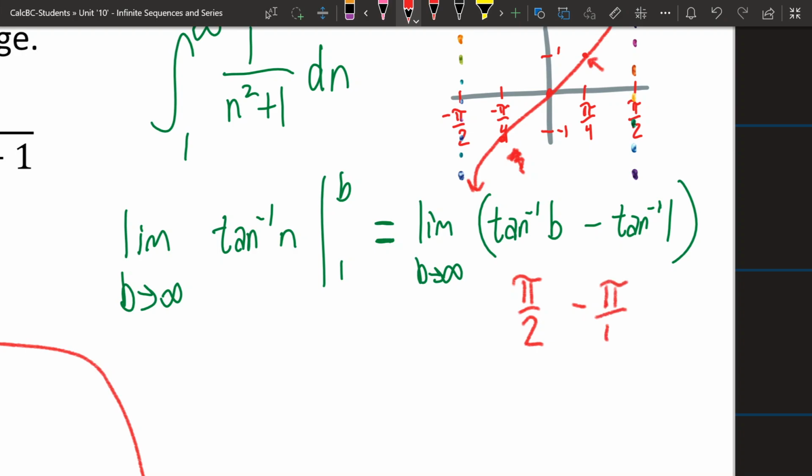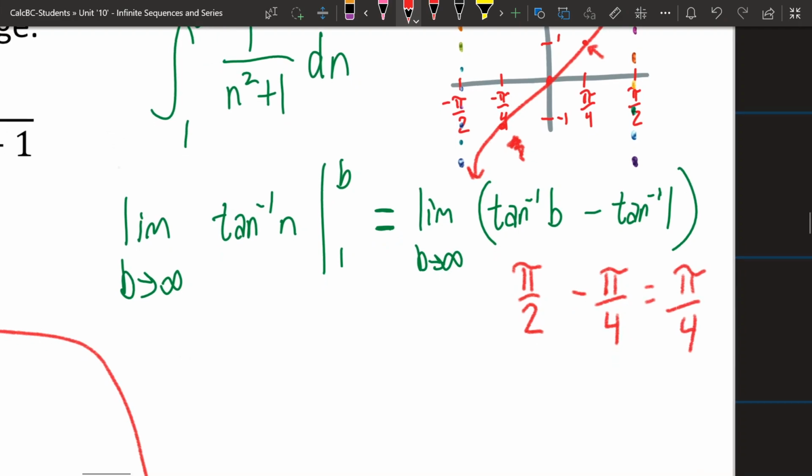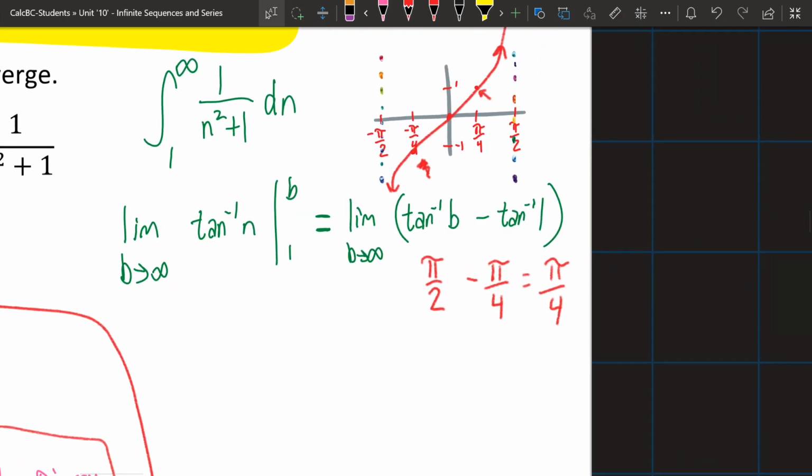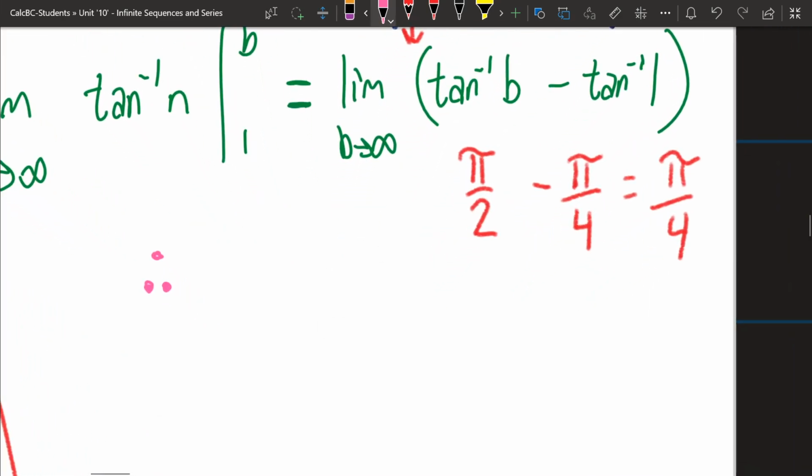So pi over 2 minus pi over 4 equals pi over 4. All right, so that's a convergent integral. So since our integral converges, that means that our series also converges.